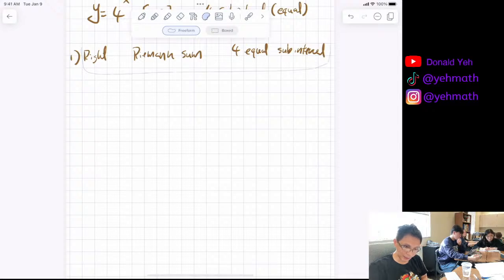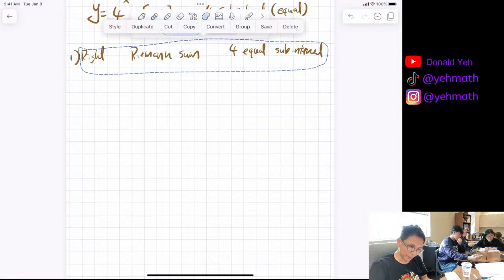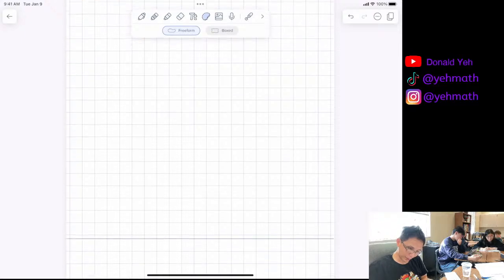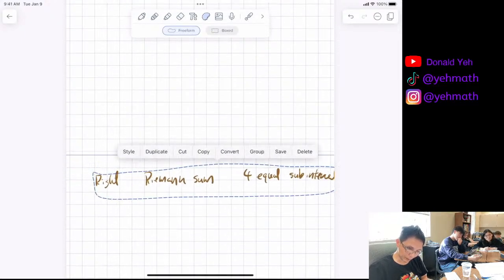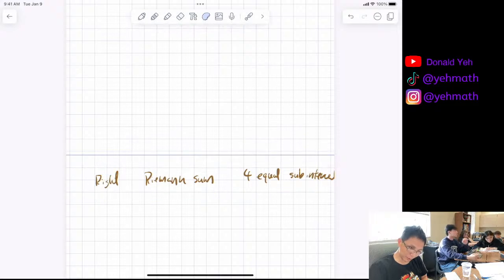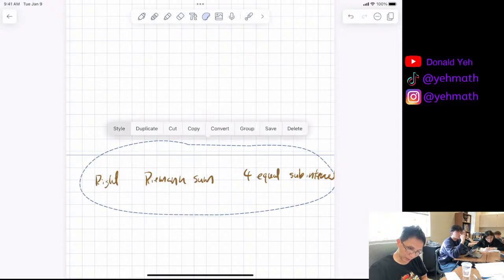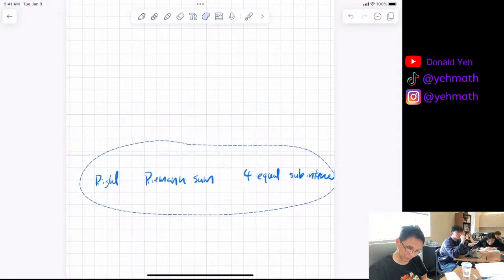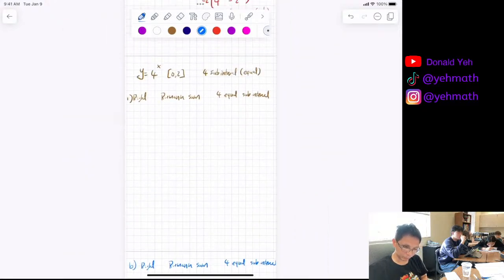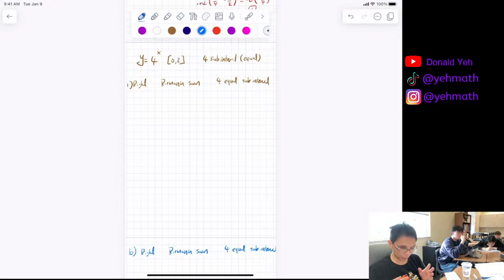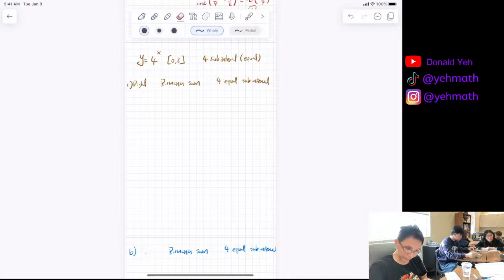It's the exact same thing, and I'm going to copy and paste it right here. And this one is going to be styled blue. So that's B. We're going to use right, and this one is going to be left.